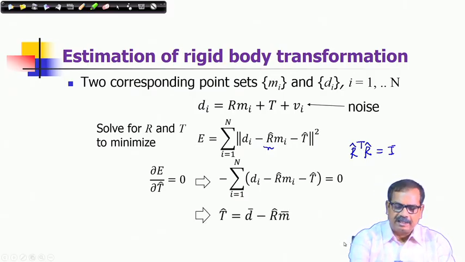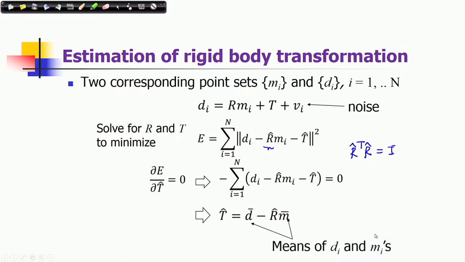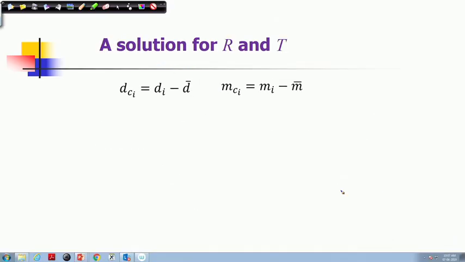From there we can get the estimate of translation in terms of the average of di and the average of mi, given R. So, still we cannot compute t, but we know the relation. If we can get the estimate of the rotation matrix R, then we can get the 3 cross 1 translation parameters, because we can always compute the average of d and the average of m. That is what it is, means of di and mi. Let us proceed with that.